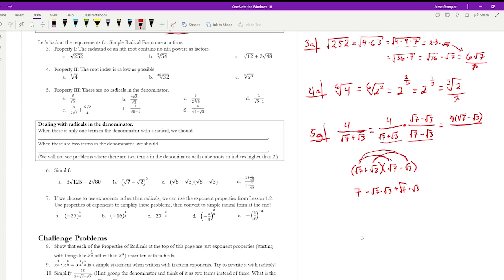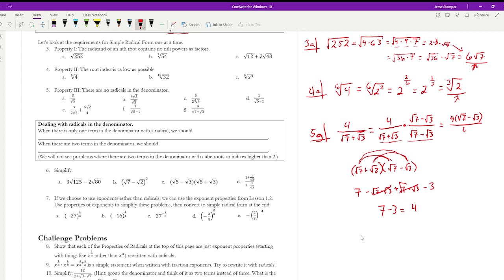Square root of 3 times the negative square root of 3 would be subtracting a 3. You note that you're subtracting square root of 7 times square root of 3, and you're adding the square root of 7 times square root of 3. Those two cancel out, and you're left with 7 minus 3, which actually equals 4.